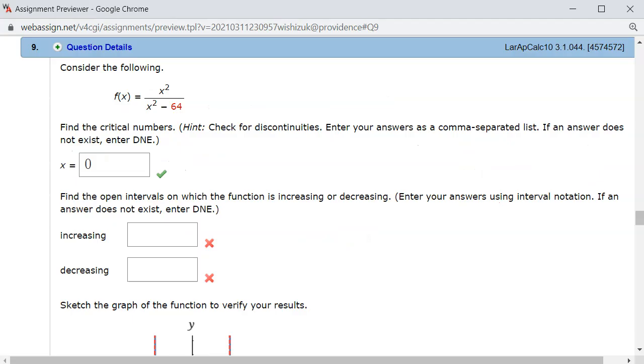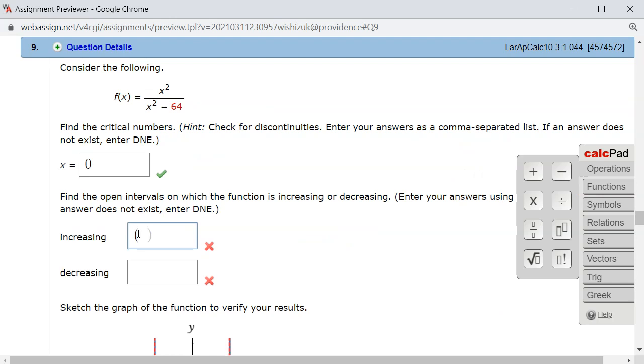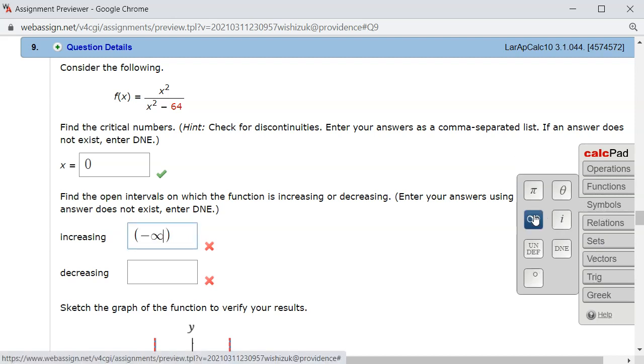Let's type it in. Increasing from negative infinity to negative 8, then negative 8 to 0.